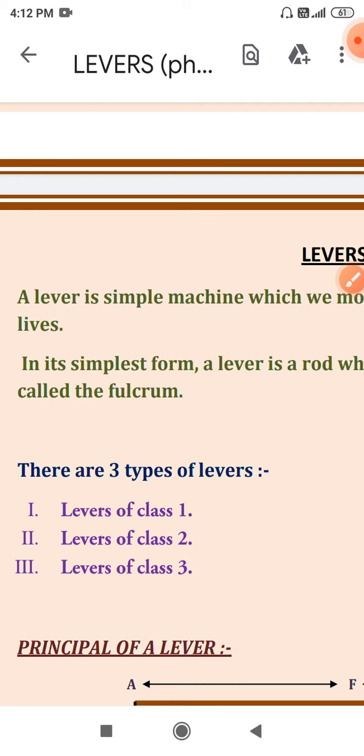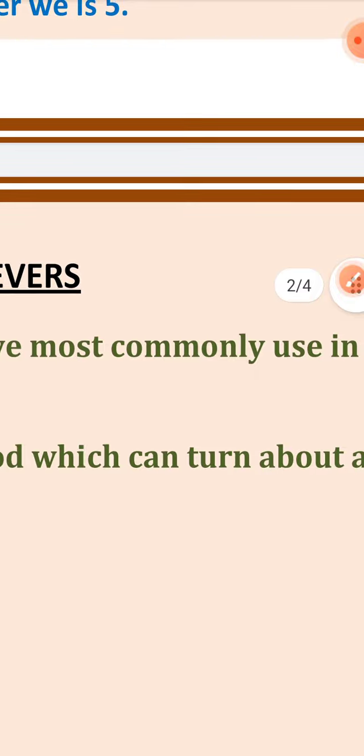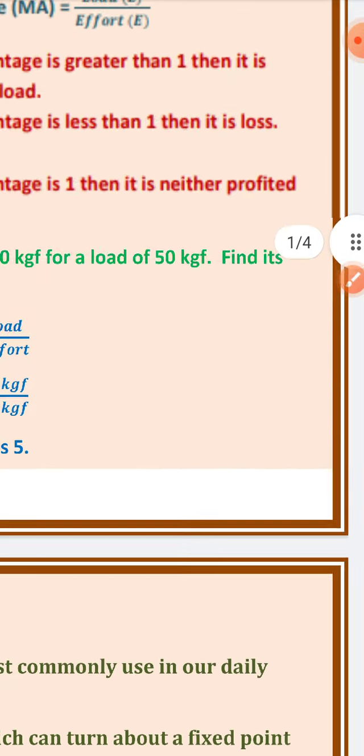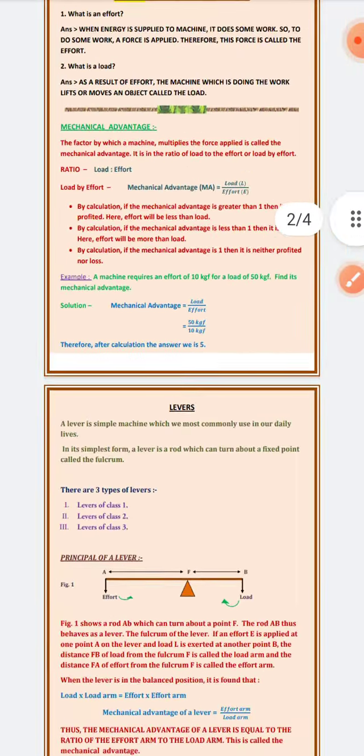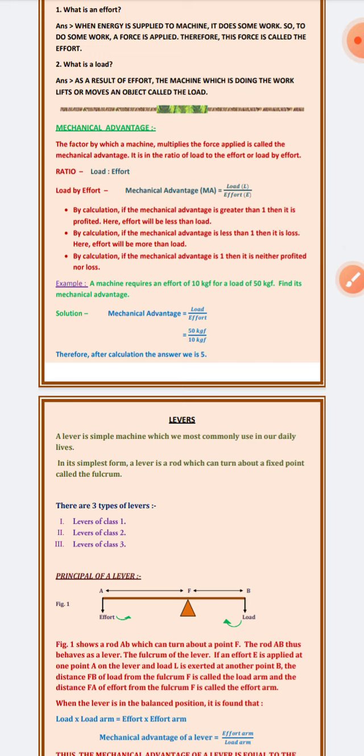So in its simplest form, meaning the easiest way, a lever is a rod which can turn about a fixed point called the fulcrum. Now if we take the example of the seesaw, over there one thing is attached in the middle, that is known as the fulcrum. It is the main point from where it can move up and down. Both the ends can move up and down, and we can relate that to this definition. So we can take that thing as the fulcrum.